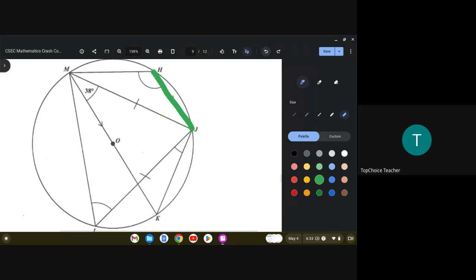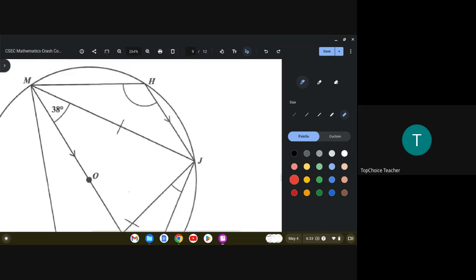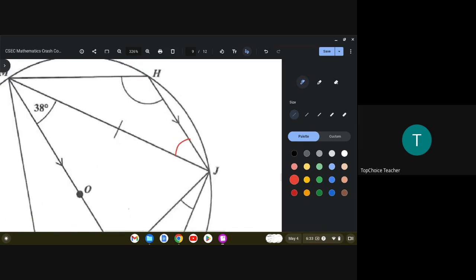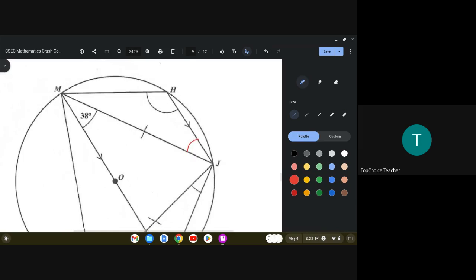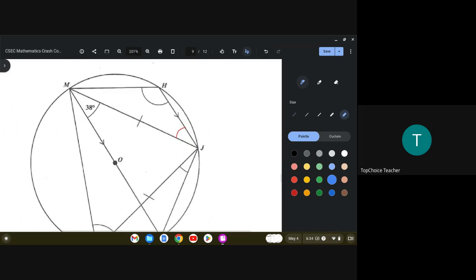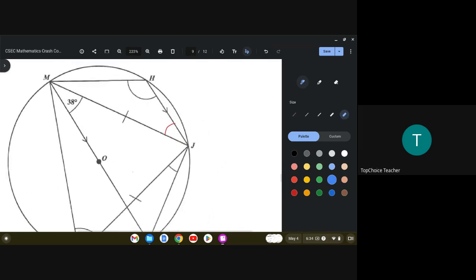So I'm removing the tick lines, and I will draw in this angle with this red marker. Hopefully you will still see it, because there'll be a lot of writing on this. This is the angle we are interested in. Didn't we just figure that angle out? If you all forgot, let's look at why.